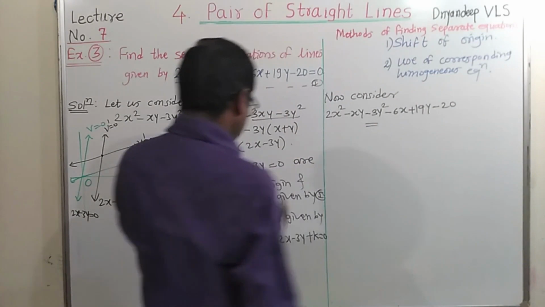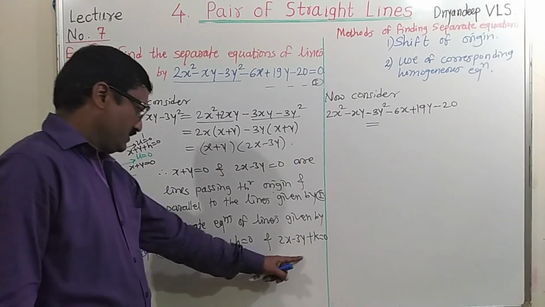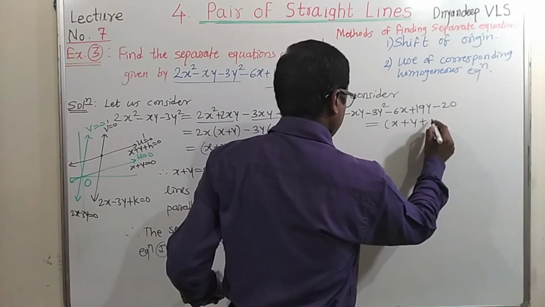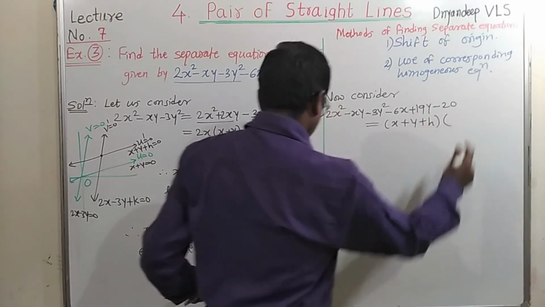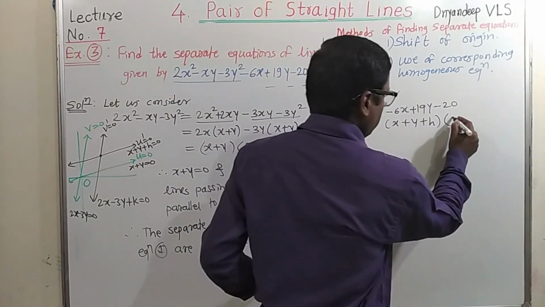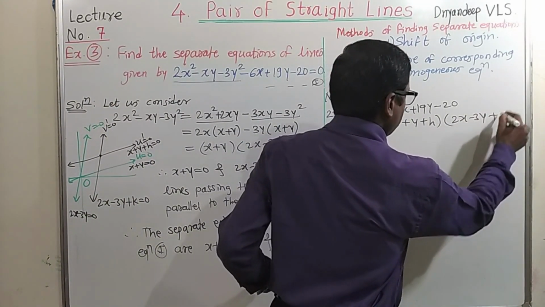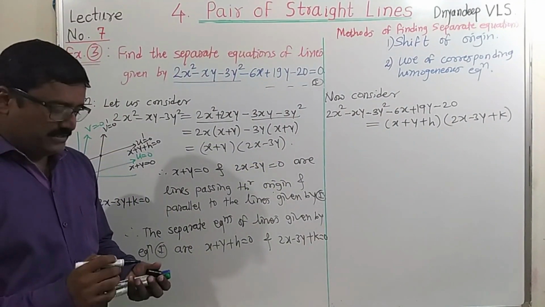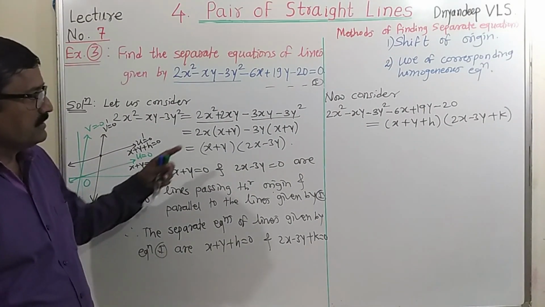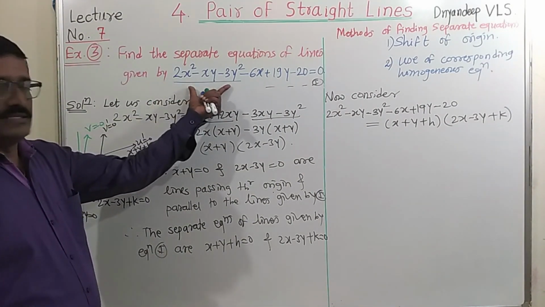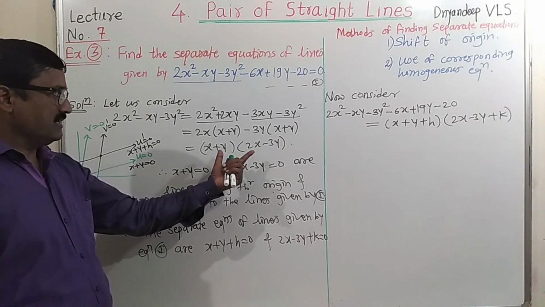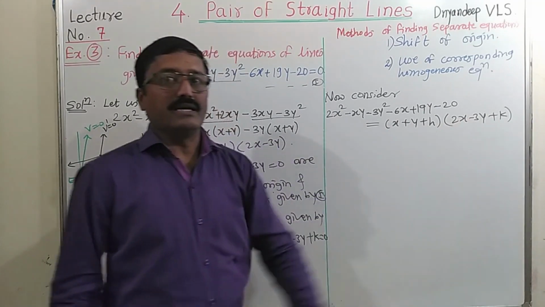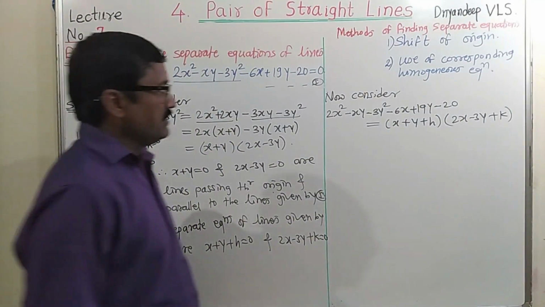It is equal to the product of these two left hand sides, that is x plus y plus h into 2x minus 3y plus k. This point is important. Is it okay? Have you understood what to do? Take this homogeneous expression, take the factors, and from these factors you can write these two factors in terms of h and k. Here h and k are unknown. Let us try to find them.